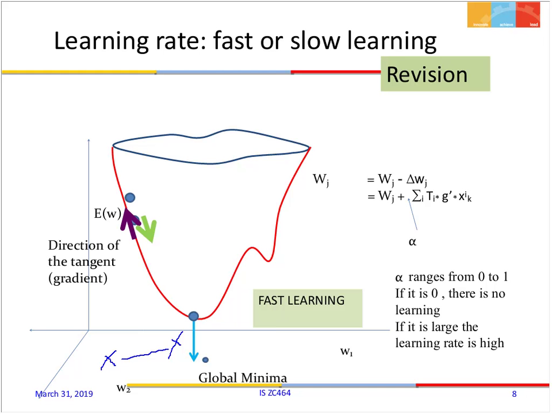If the speed is very fast, that means if alpha is closer to 1, let us say 0.9 or 0.8, then it may go with full speed and get trapped somewhere in the local optima. If the learning is very slow, you are likely to reach the global optimum position, and you were lucky enough to have started with a point on the convex part of it, rather the concave part of it.